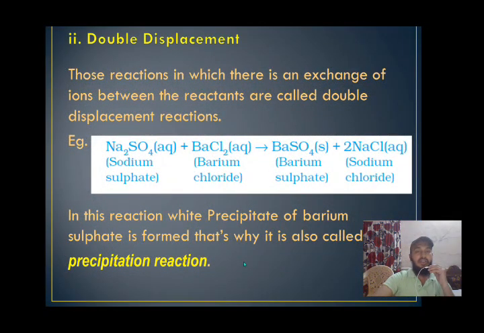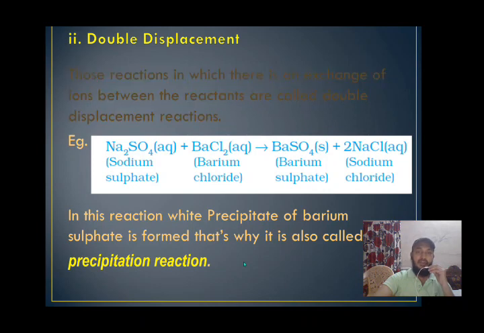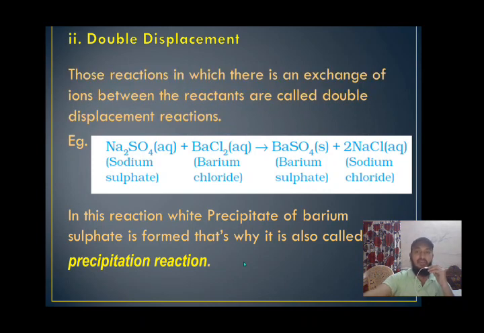Next is double displacement reaction. Those reactions in which there is an exchange of ions between the reactants are called double displacement reactions. For example, in this reaction you can see sodium sulfate aqueous solution, dissolved in water, when treated with barium chloride aqueous solution.